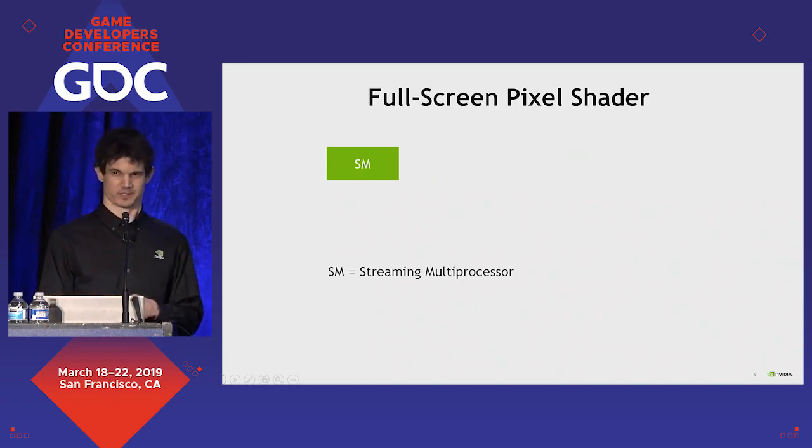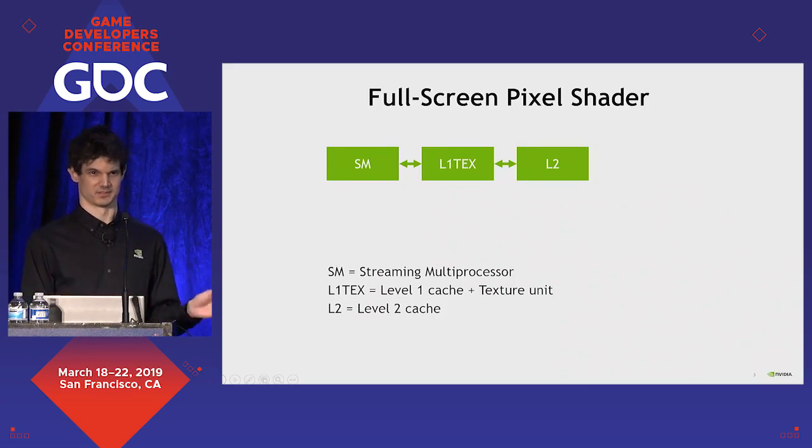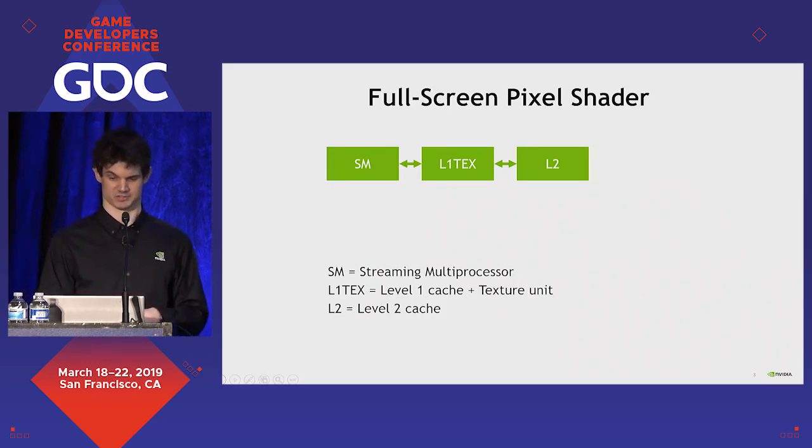And whenever it has to do an SRV or UAV memory access, this instruction goes to the L1 text unit, which is a level 1 cache and texture unit pipeline. And if the L1 text doesn't have the data in its cache, it sends a request to the L2 cache, which sits farther away from the SM, it's closer attached to the memory partitions.